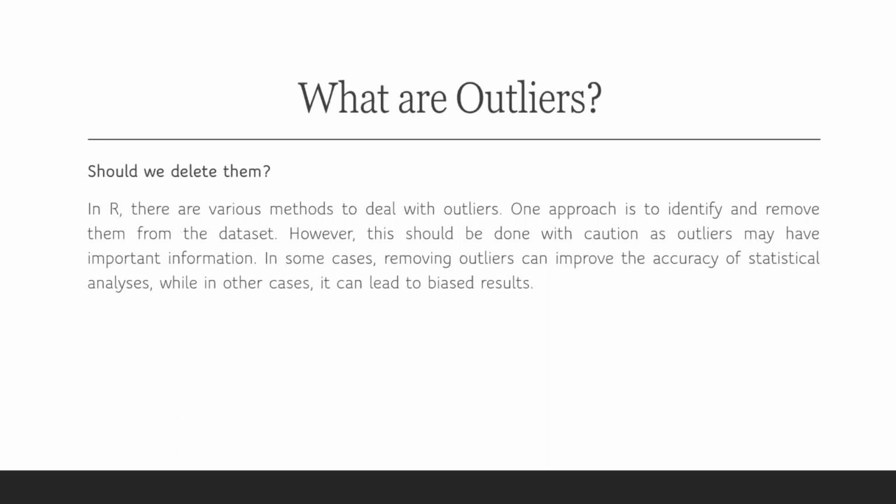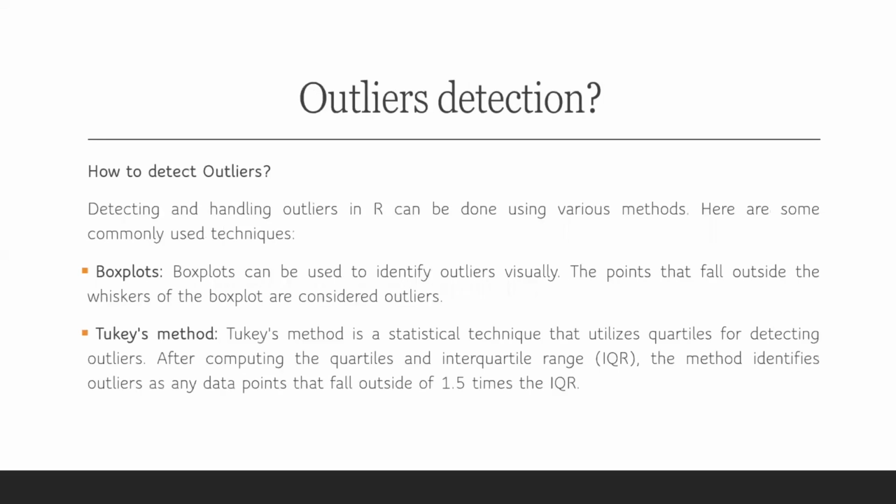One approach is to identify and remove them from the dataset. However, this should be done with caution, as outliers may have important information like I mentioned earlier. In some cases, removing outliers can improve the accuracy of statistical analysis, while in other cases, it can lead to biased results.